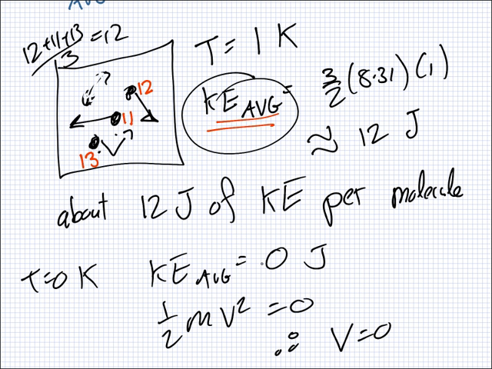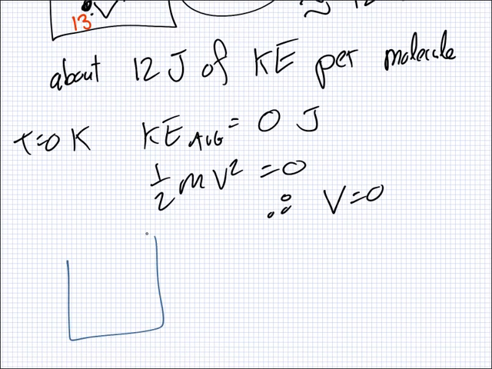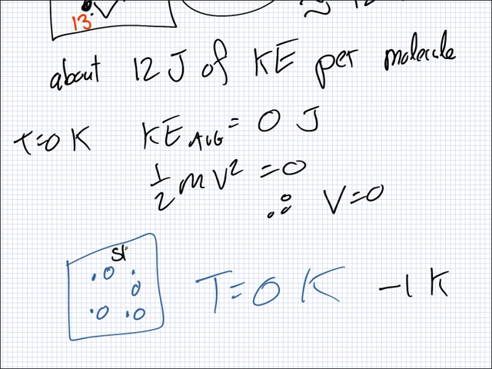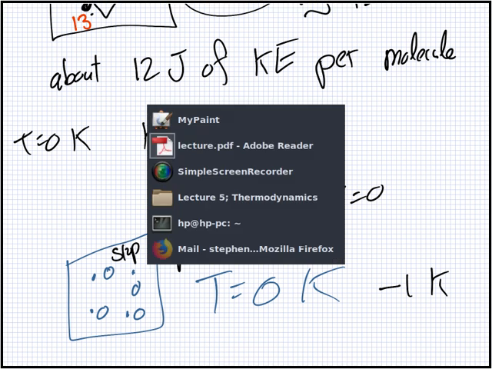If this is 0, this is 0, this is 0, this is 0, that means temperature is 0 Kelvin. That's why you can't have minus 1 Kelvin, because the minimum is if they're all stopped, because the minimum speed is 0 meters per second.